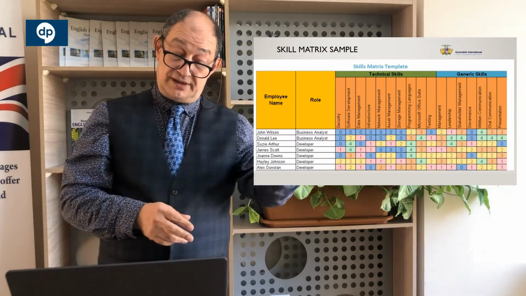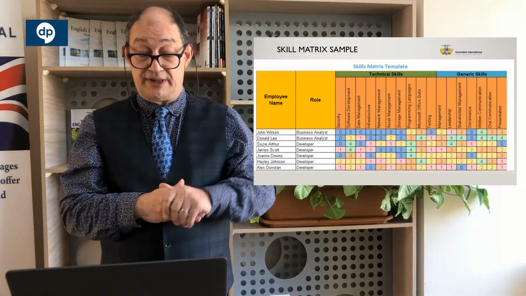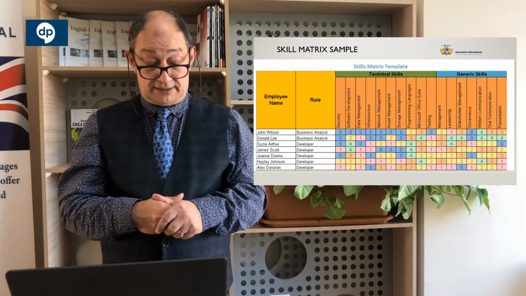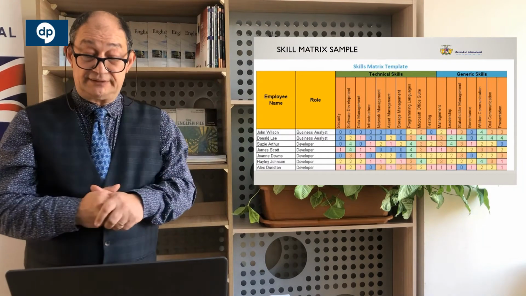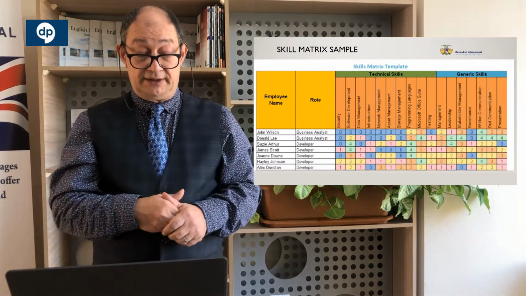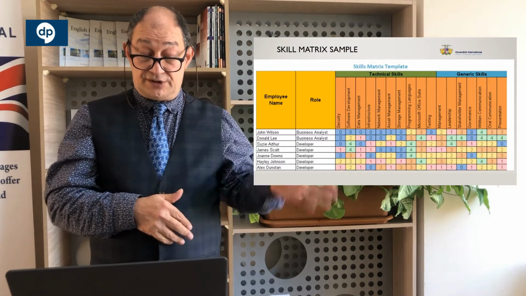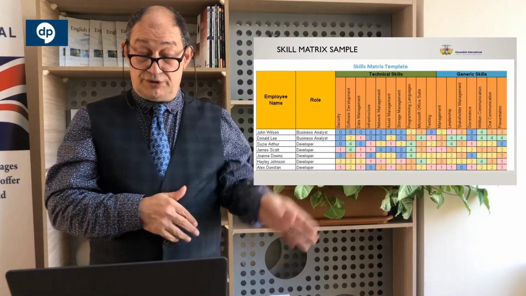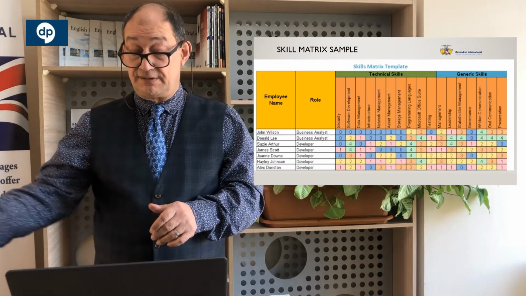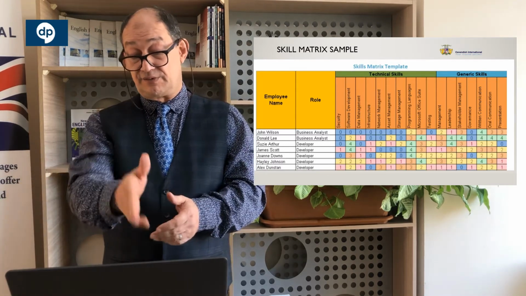Then, obviously, against that, you have to have a system of evaluating your employees or possible team members. This is an image of one such matrix, in which you put the names of the employees or possible members, the role you are suggesting, and then a list of skills, being softer skills, generic skills, technical skills, whatever they are.